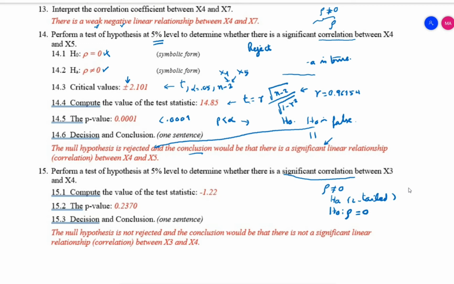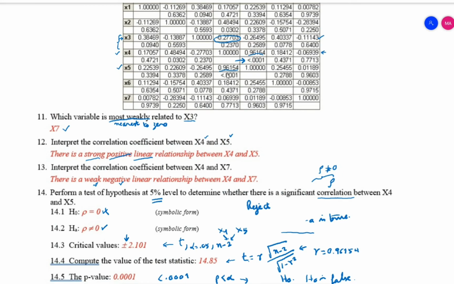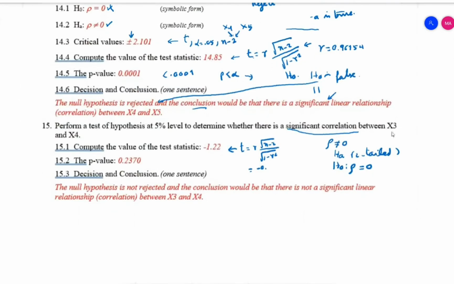So the same formula. t is r times square root of n minus 2 divided by square root of 1 minus r squared. So you write negative 0.27703 times square root of, in the calculator you compute like this.